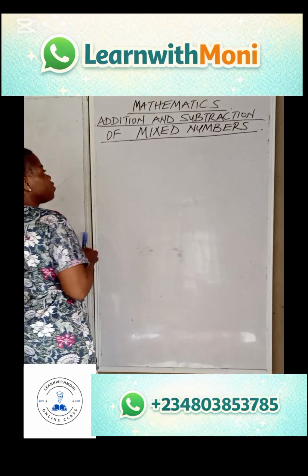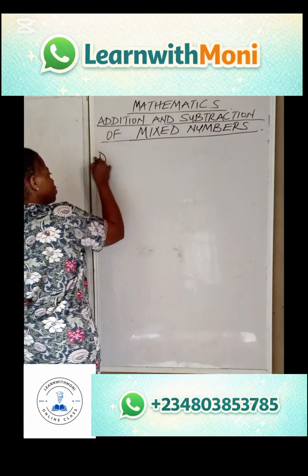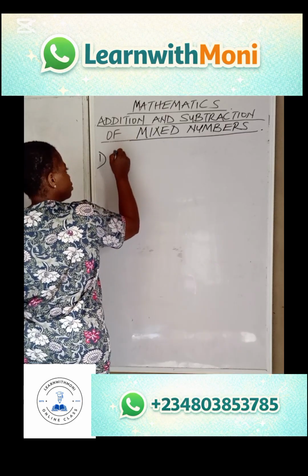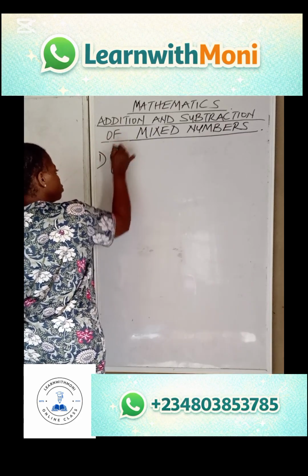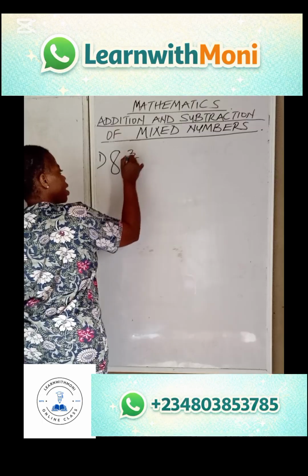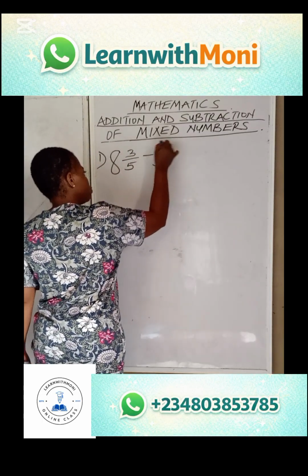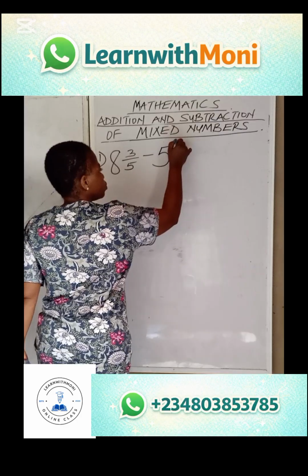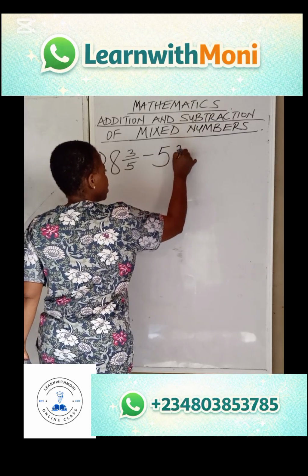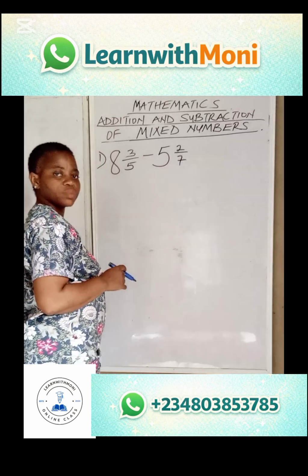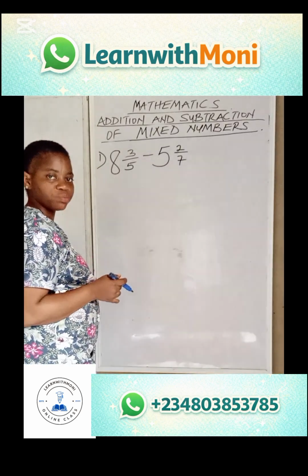Okay, subtraction of mixed numbers. Let's look at the first example where I have 8 wholes, 3 over 5 minus 5 wholes, 2 over 7. Let's look at this situation.